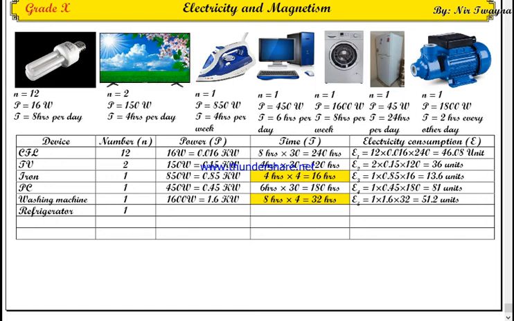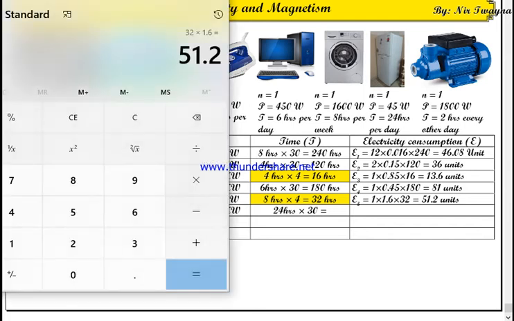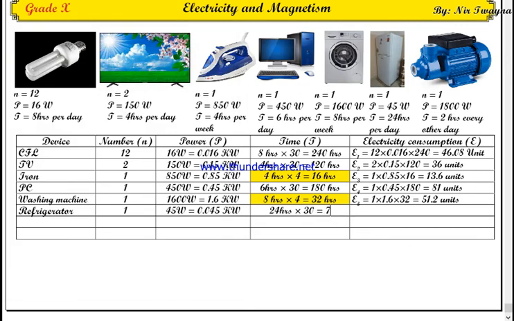Quantity one, power 45 watt, convert it into SI unit, 0.045 kilowatt. Time 24 hours, in a month multiplied by 30. 24 into 30, 720 hours.